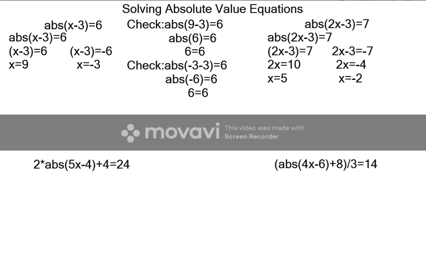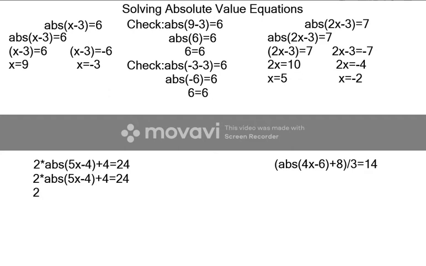So let's do that. We have 2 times the absolute value of 5x minus 4, plus 4 equals 24. Now, as I said earlier, let's isolate the absolute value of 5x minus 4. So we subtract 4 on both sides.